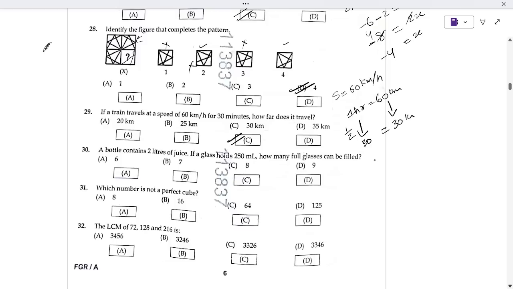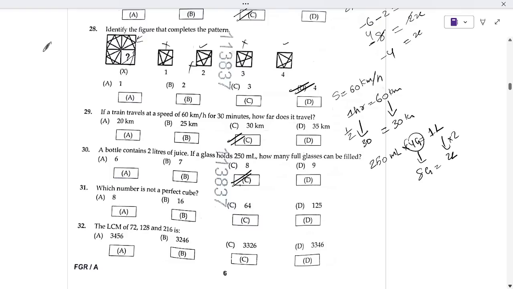So here 250 ml into 4 times will give us 1 liter, no? That means 4 glasses. Then we need 2 liters, right? That means 4 into 2 will give us 8 glasses. So here C is the answer.